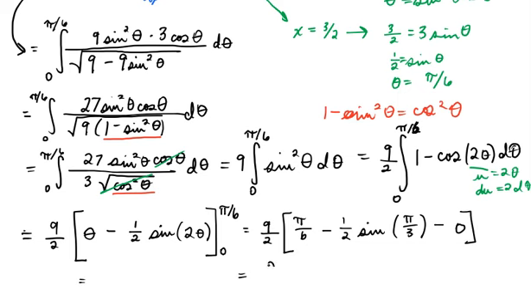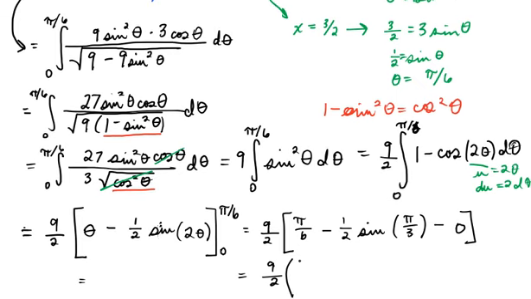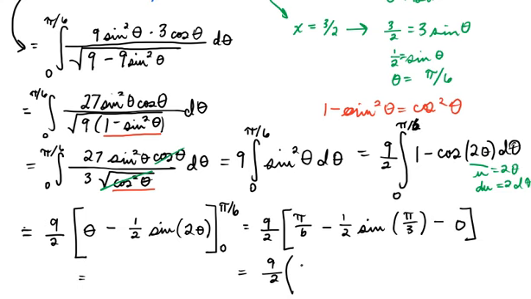So we have 9/2 times pi over 6 minus 1/2 times sine of pi over 3. So we need to fill in sine of pi over 3 here. It's going to be √3 over 2.